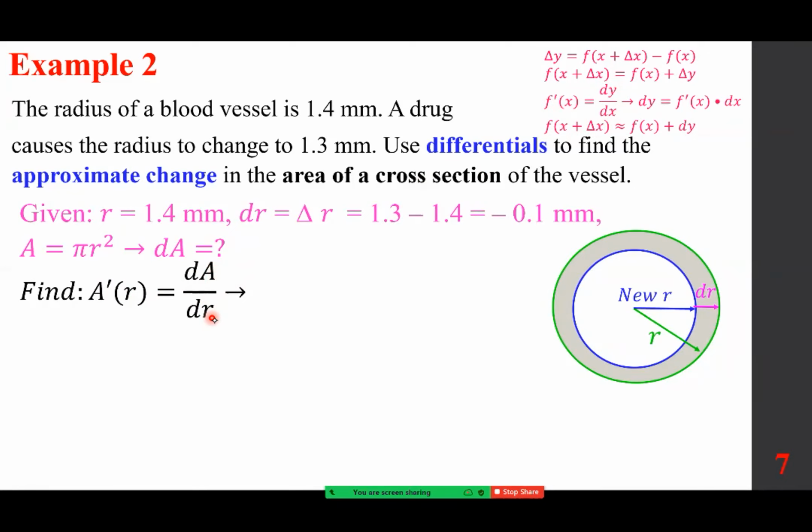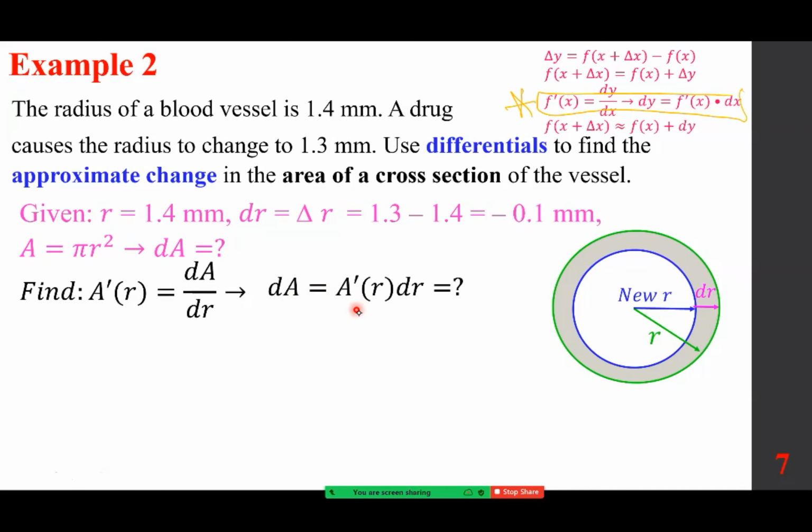And what is dA? The product of these two. What is dy? The product of these two. So I want you to compare it to this line to find dy, in this case, dA.